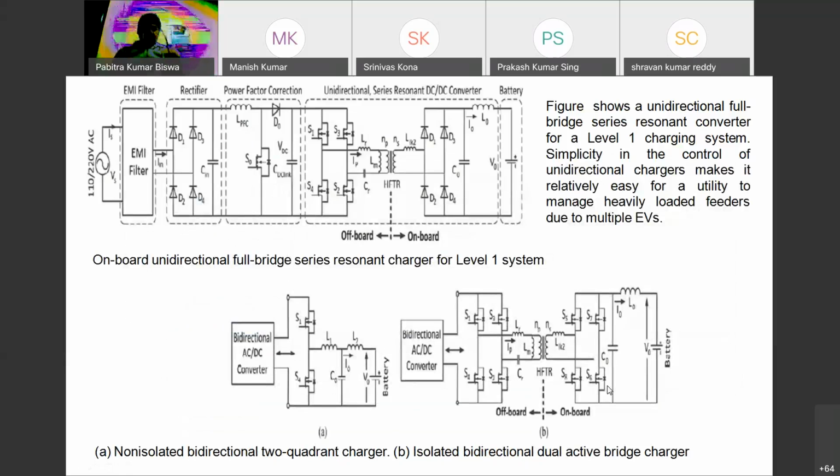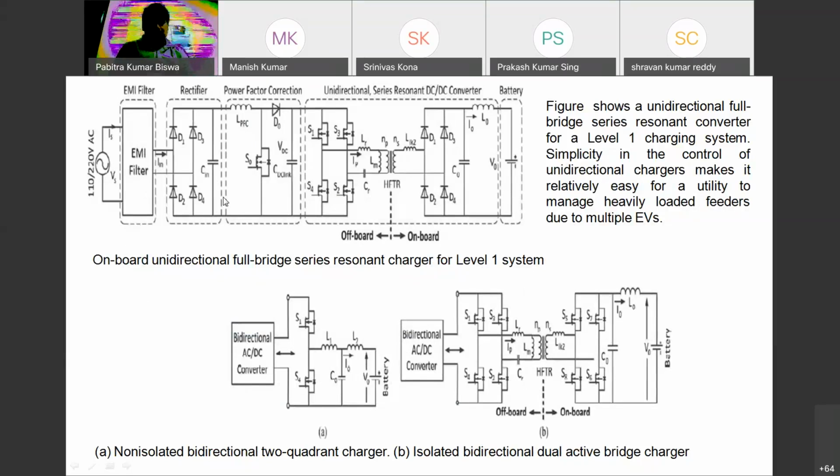Now, another is the full bridge series resonant charger, at the charging system level. Here we are considering this is the rectifier, this is the power factor correction circuit, and this is the EMI filter. The filter is used for filtering the AC voltage, and it goes into the rectifier.